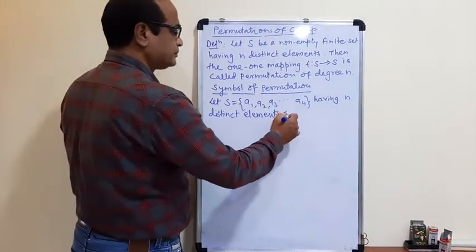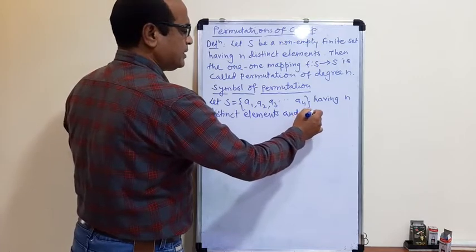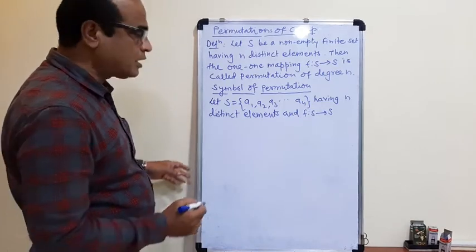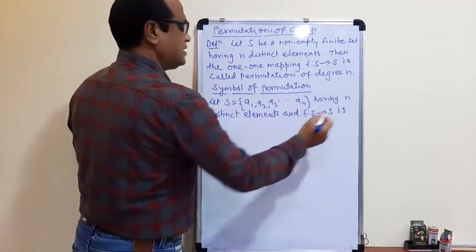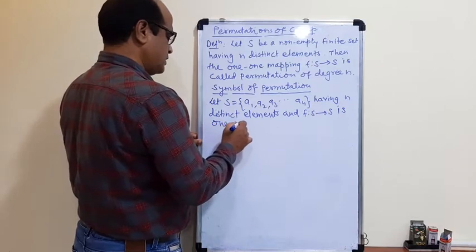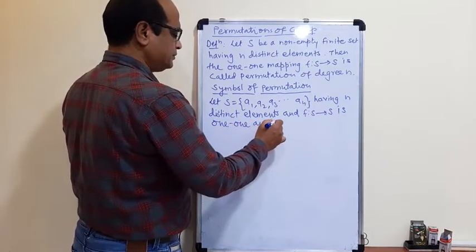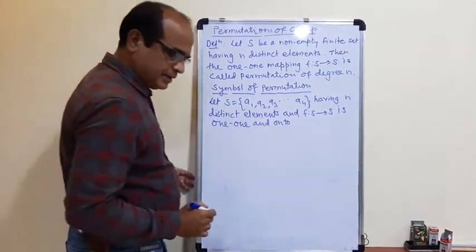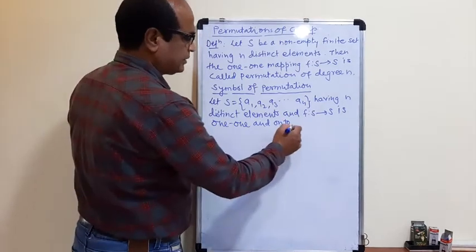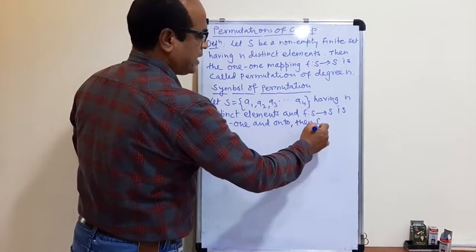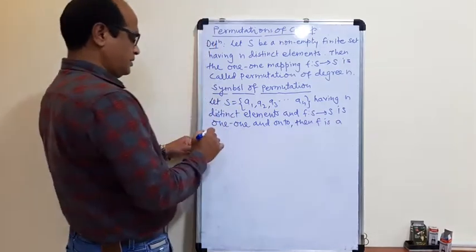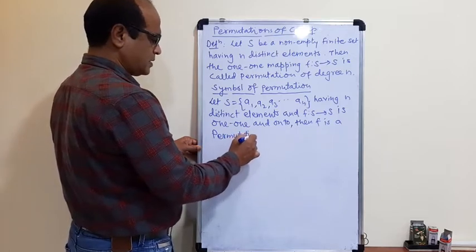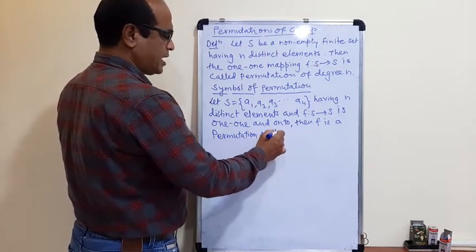And F is a mapping from S to S which is one-to-one and onto mapping. Then F is a permutation of degree n.